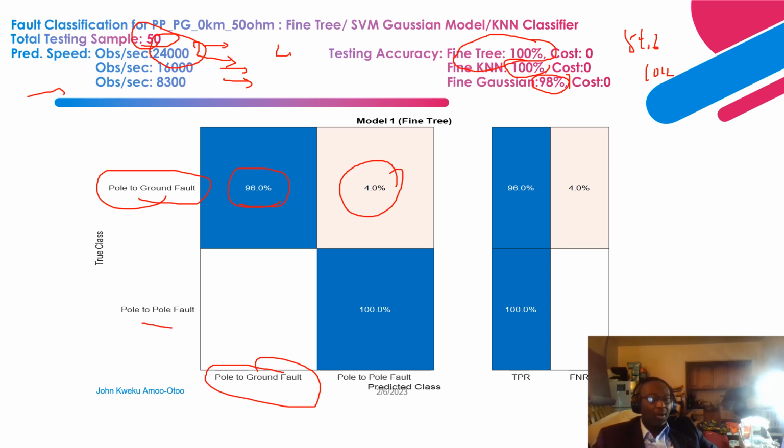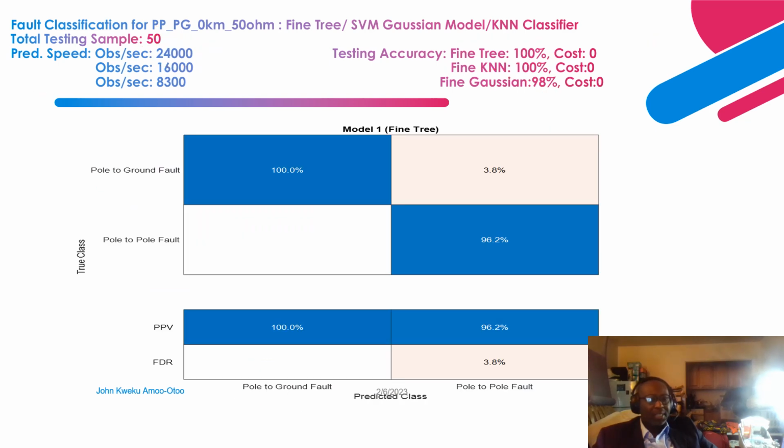For pole to pole fault, 100% was correctly classified as pole to pole fault. The percentages you saw earlier are what have been rolled over here: the positive predictive values are the same percentages, and the false discovery rate is your misclassified percentages.